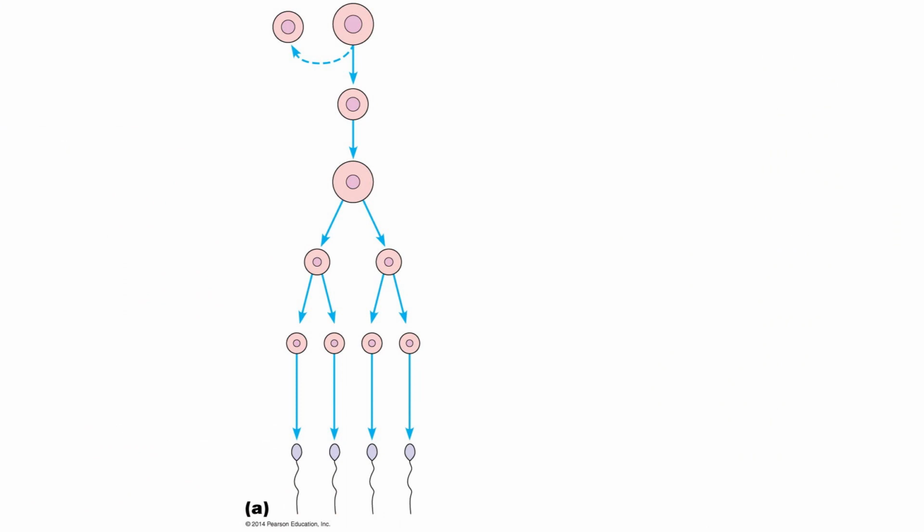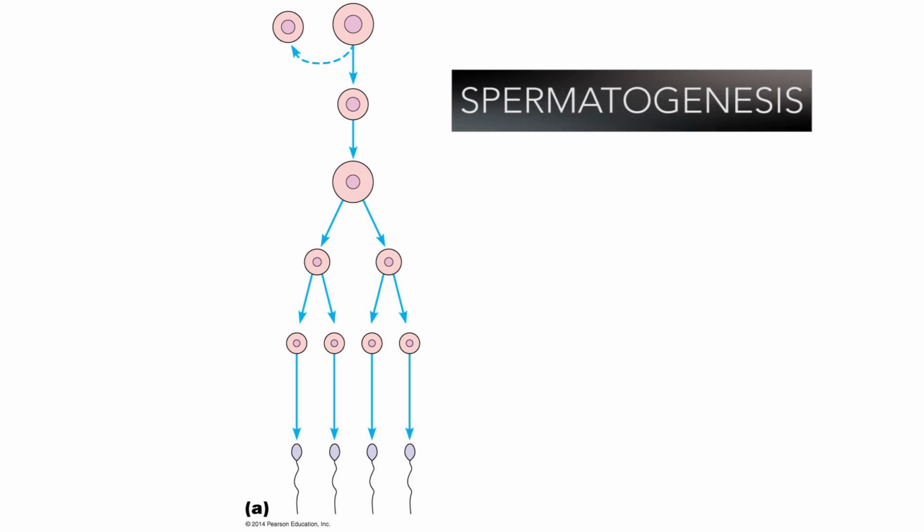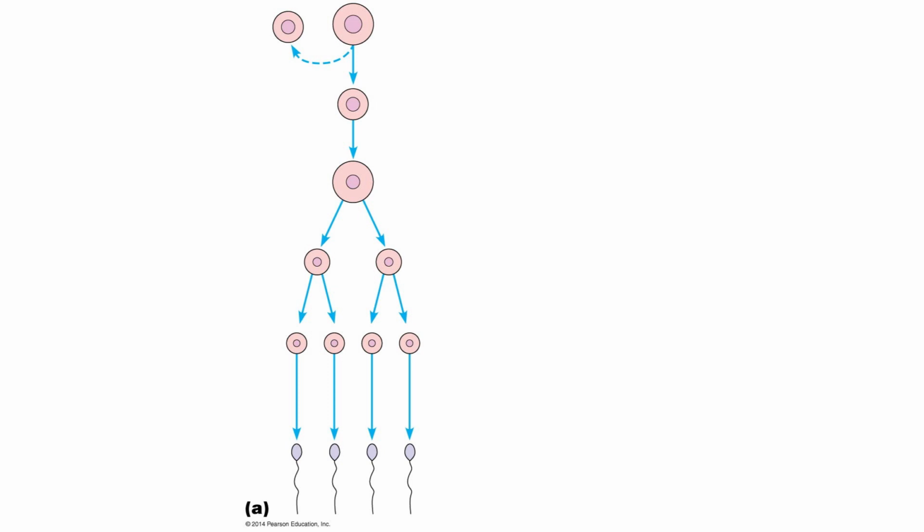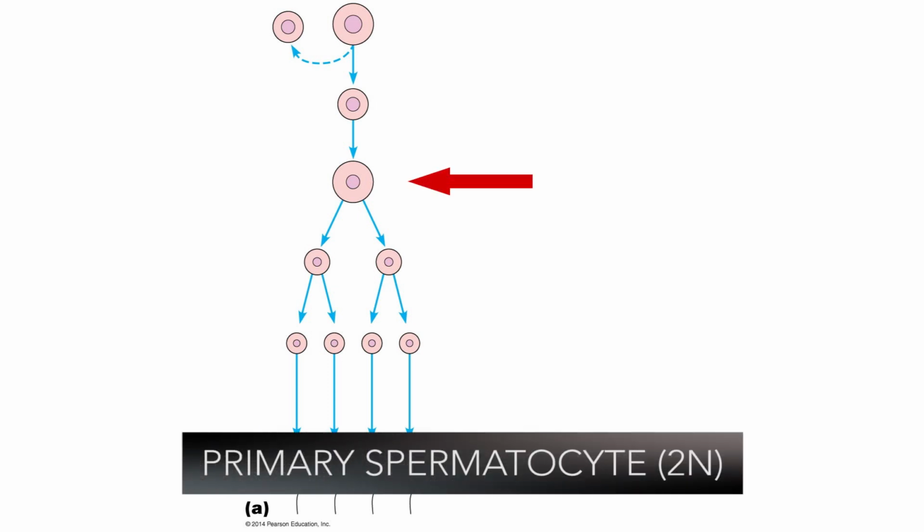In this diagram, we are looking at the functional part of spermatogenesis, the making of sperm. And notice here that you have the primary spermatocyte, which is 2N condition, having 2 times 23 chromosomes.